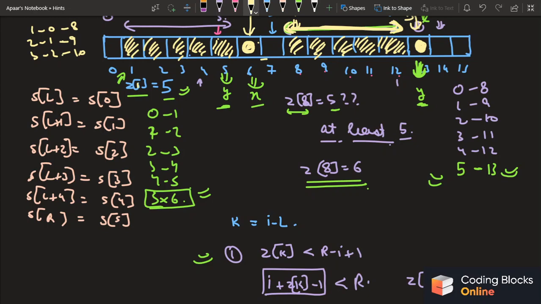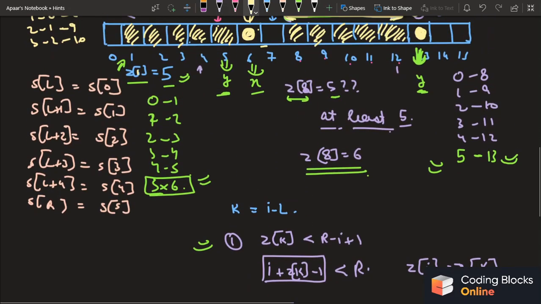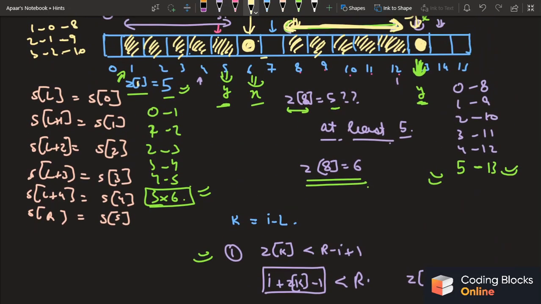Secondly, if that ending goes beyond R, then I do not know how much beyond R it can go. Then I'll fix L, making L equal to I, and try to expand R.